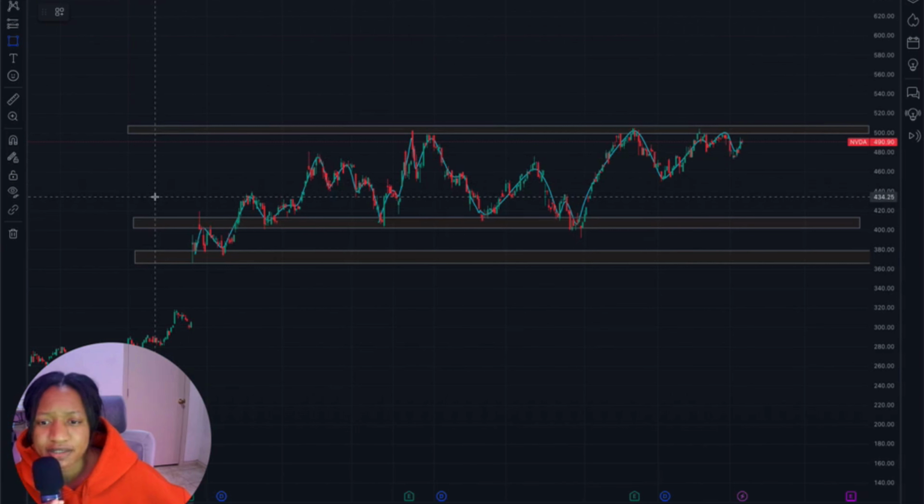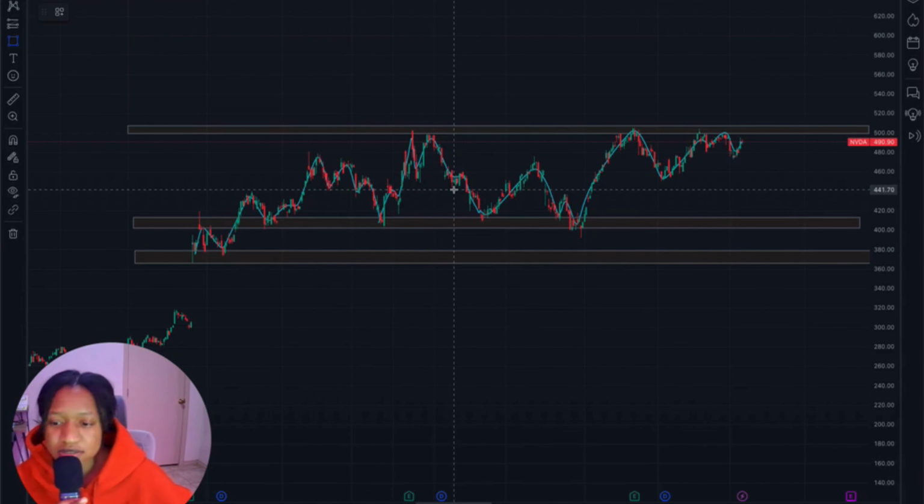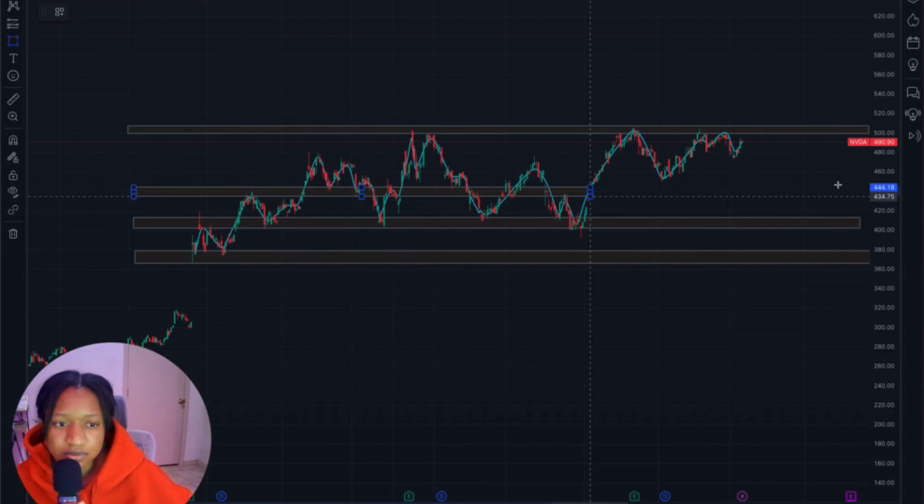Right now I look for supports first, so came down here, tested it again here, almost tested it here, but it tested it at least 3 times. I think that's my rule of thumb: if price tests 3 times, then that's a good time for support or resistance.